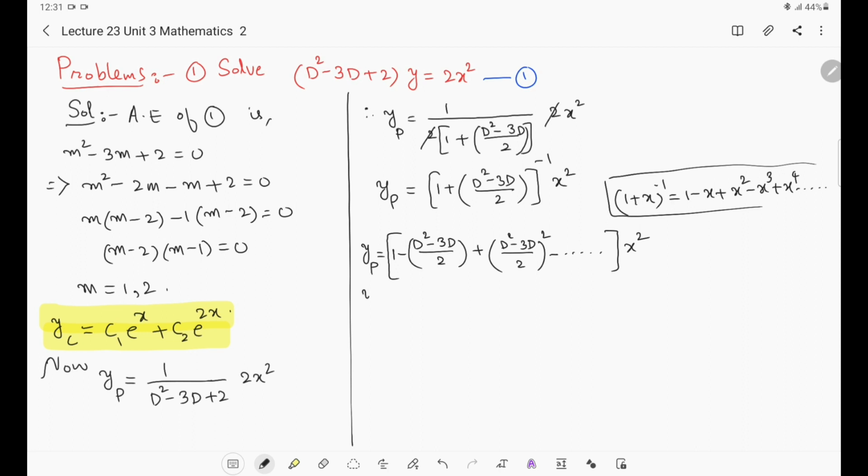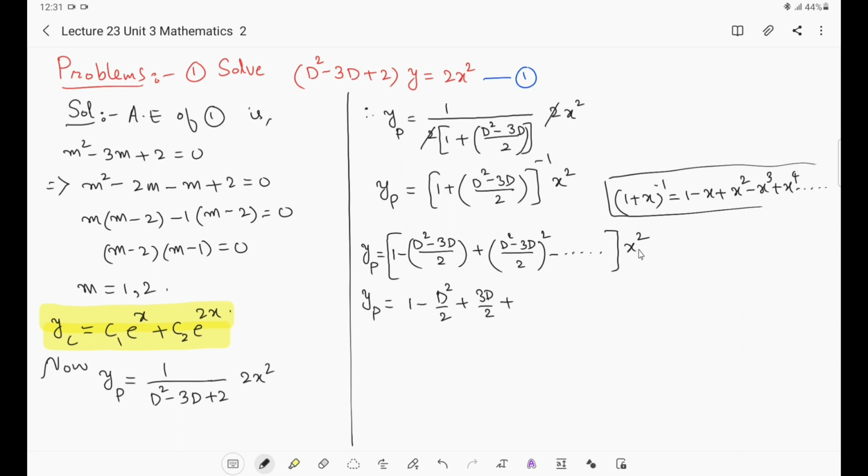So further we have to simplify this. yp equals 1 minus d square by 2 we will get here, then multiply this minus with this minus, so it will become plus 3d by 2, right? Plus here, because all these are derivatives, the derivative should be operated on x square. x square will not become 0 unless the second derivative is there.